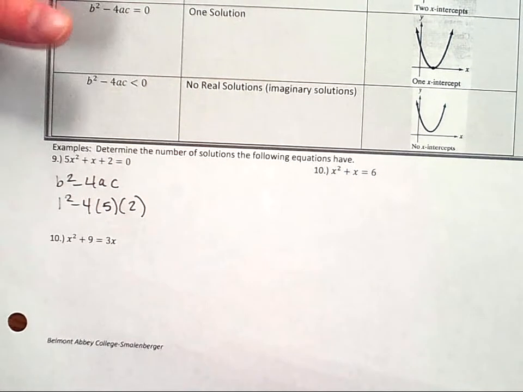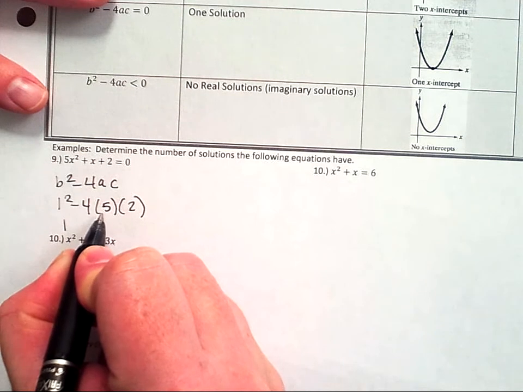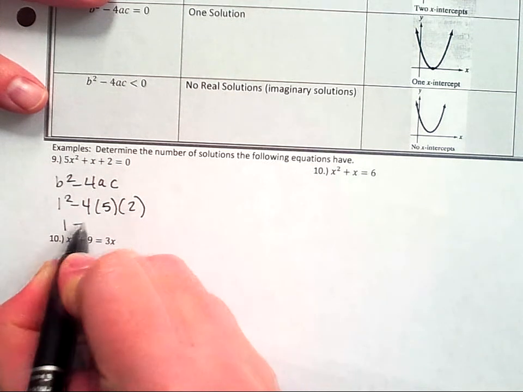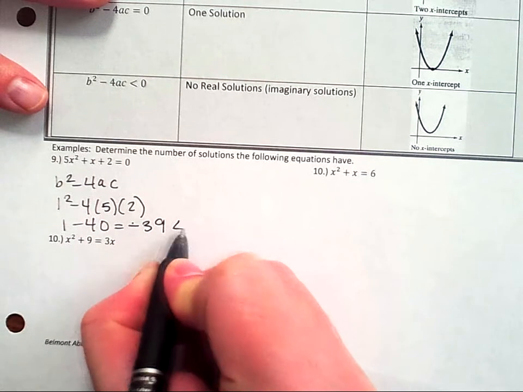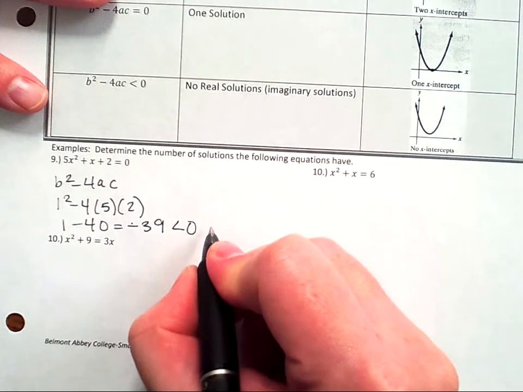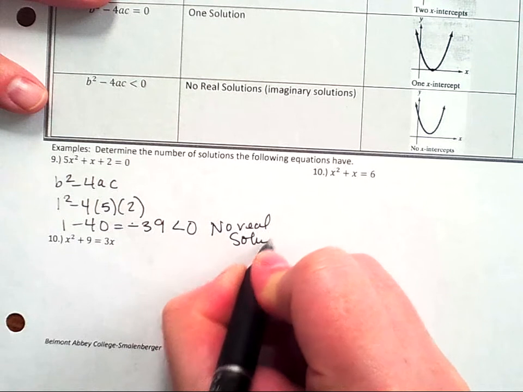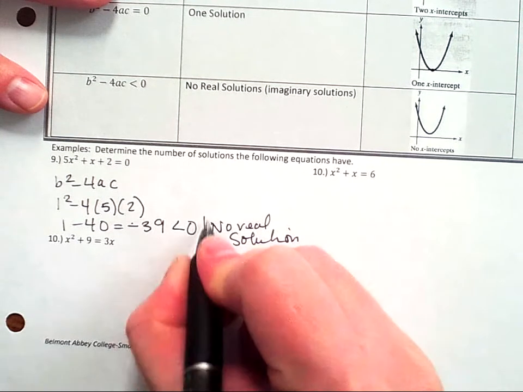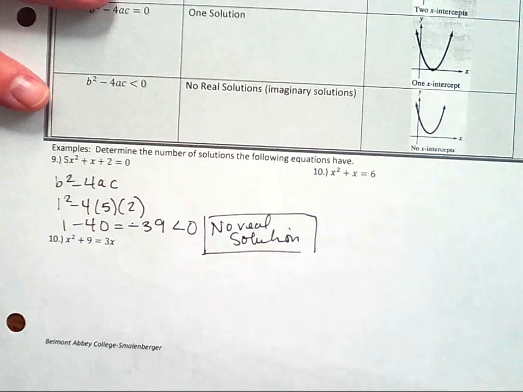If you're not sure, you can plug it into your calculator, right? I have 1 minus 40, so that equals negative 39, which is less than 0. That means I have no real solution. So determine the number of solutions: I have 0.